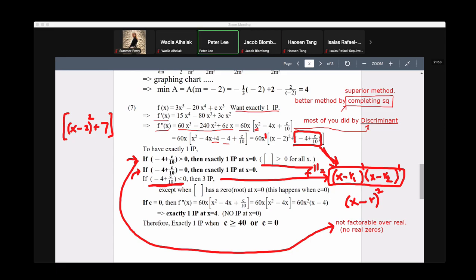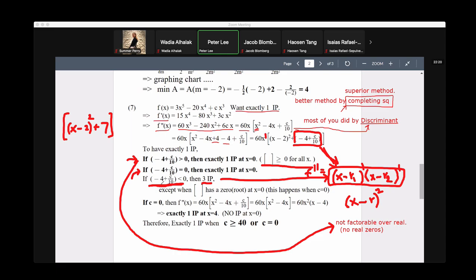We get 3 inflection points. Does everybody get this? If minus 4 plus c over 10 is less than 0, we get 3 inflection points, because you have this, 1 is 0, and then r1 and r2. Because there's something squared minus a number, minus 7 or something, we can factor this. So we get 2 zeros here. So we get 1, 2, 3 inflection points.